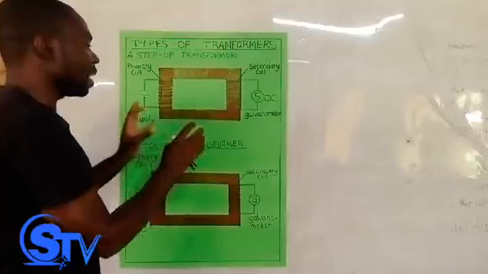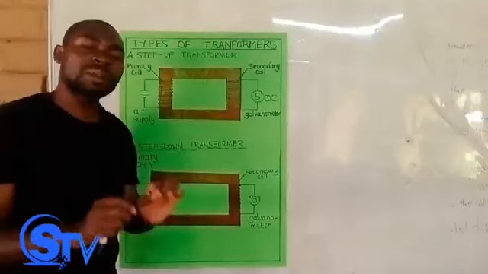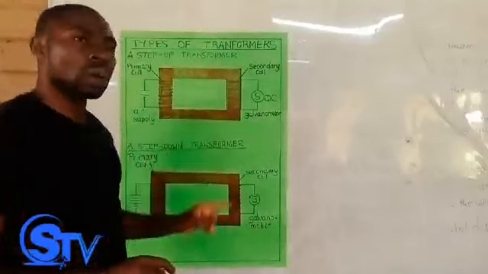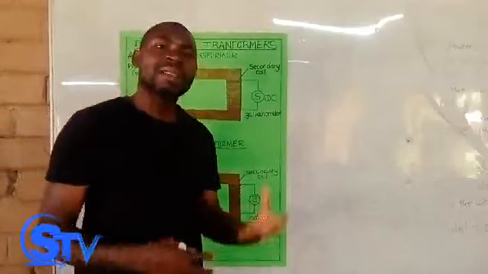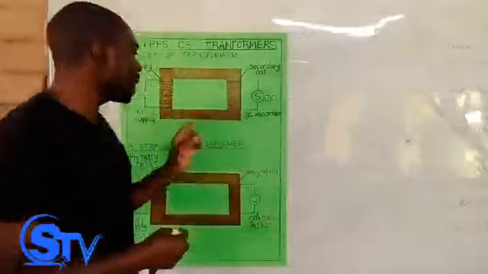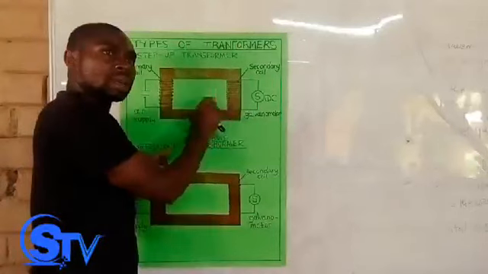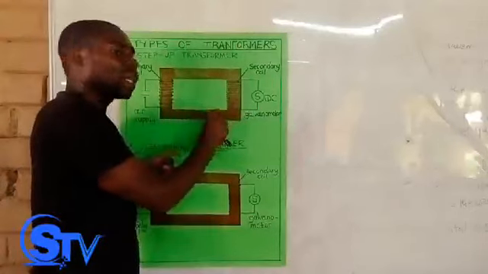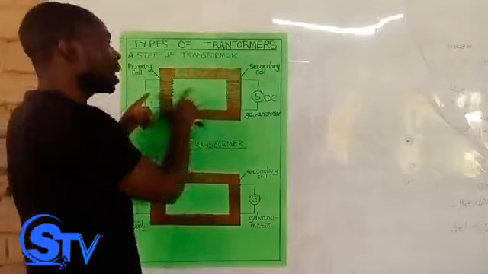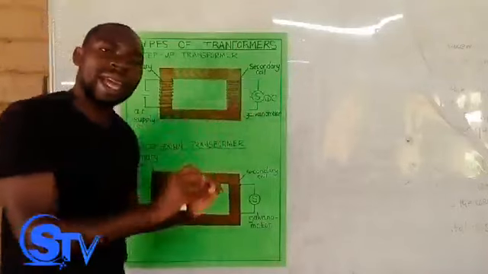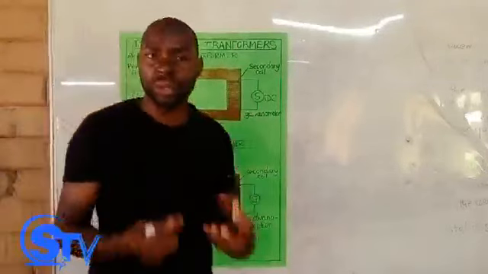Why are they attached to the soft iron core? It's because the soft iron core provides the ability to create the magnetic field between the primary and the secondary coil when the current is introduced.